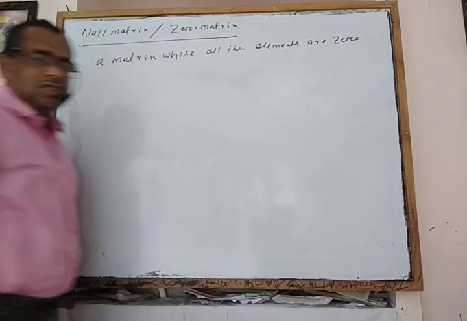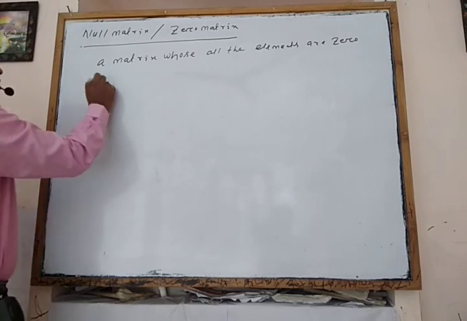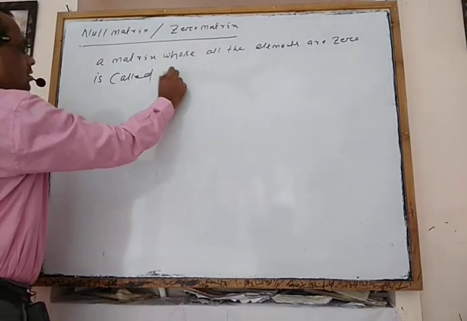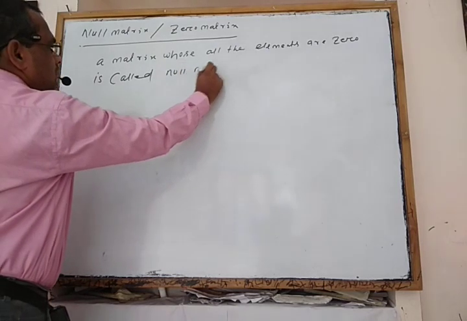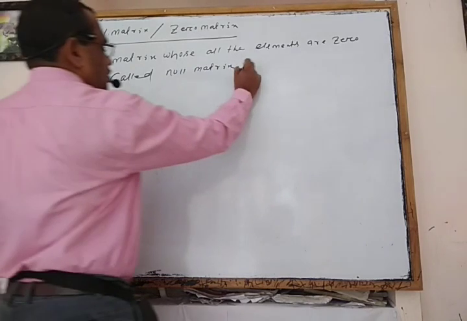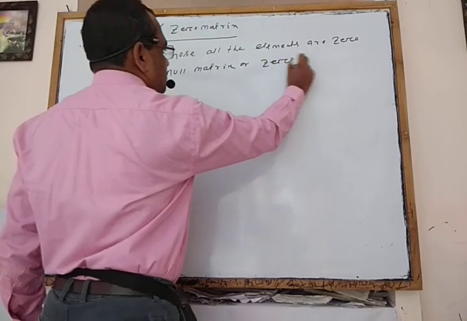All the elements are 0. Such a matrix is called a null matrix or zero matrix.